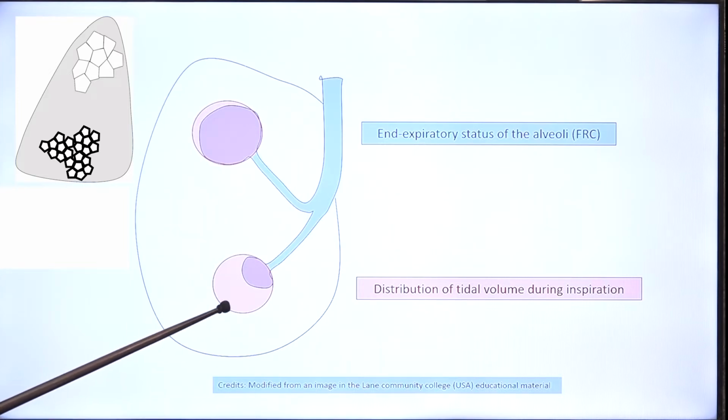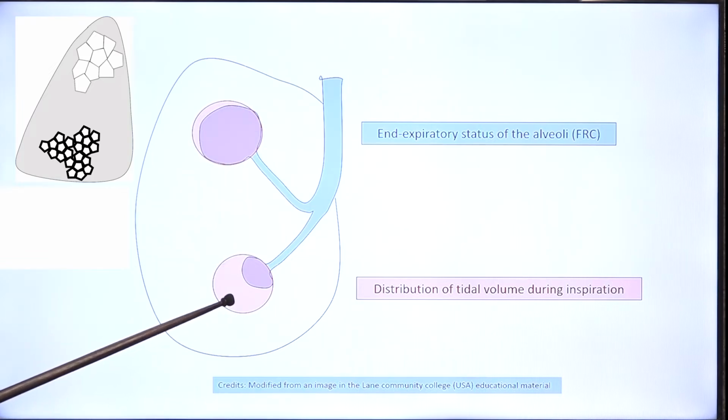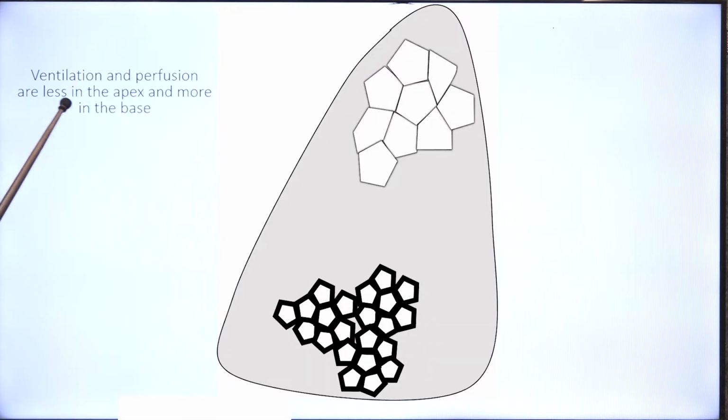Therefore, ventilation, which is actually the amount of new air that enters the lung, is also more at the base than the apex. The impression you drew about blood supply to the lung is actually correct from this figure itself. Perfusion is more at the base. And what we understand from this cartoon is that ventilation is also more at the base of the lung. Ventilation and perfusion are less in the apex and more in the base of the lung.